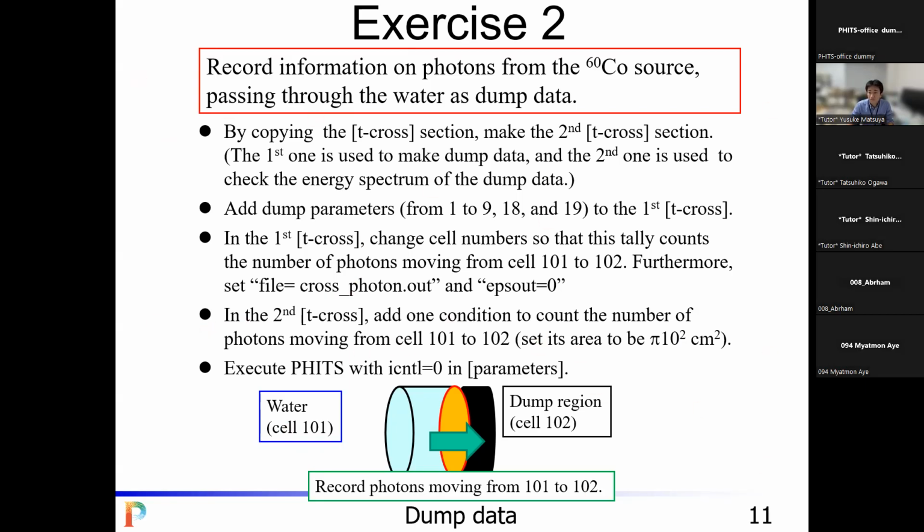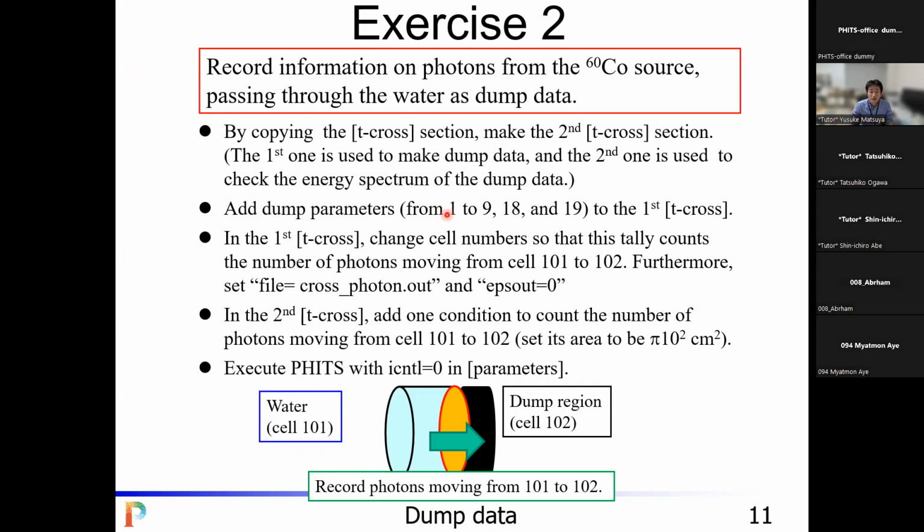So the first one, by copying the T-cross tally section, please make the second T-cross section. The first one is used to make dump data, and the second one is used to check the energy spectrum of the dump data.